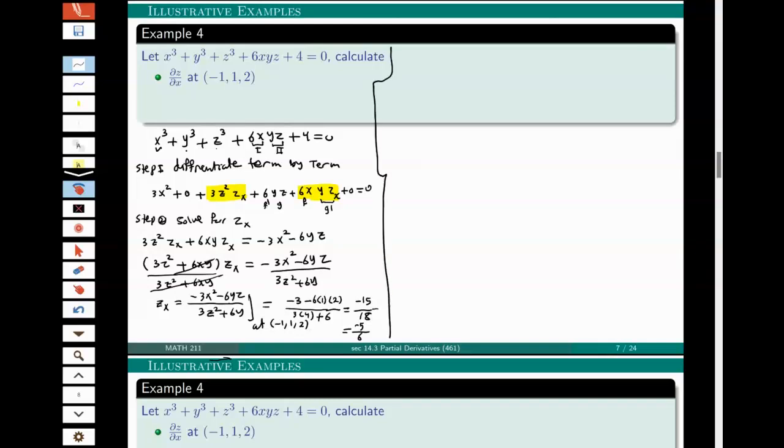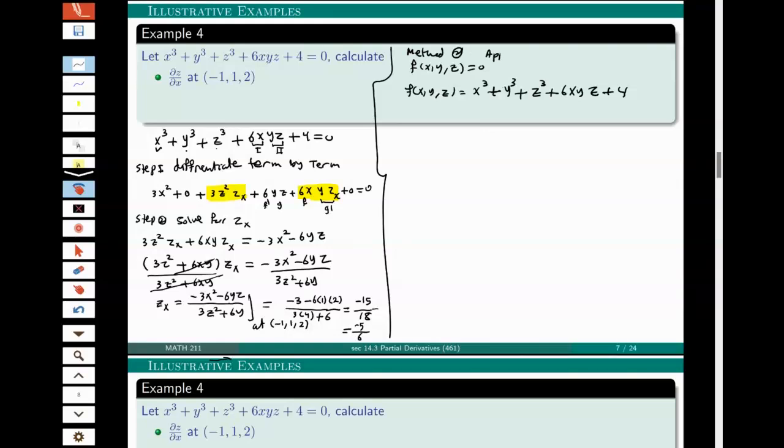The second method, I just said, we can set the equation as a function of x, y, z equal to 0, which means our f of x, y, z will be simply x cubed plus y cubed plus z cubed plus 6xyz plus 4. We say this is method 2.